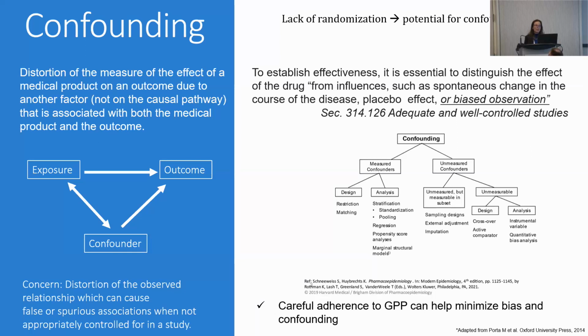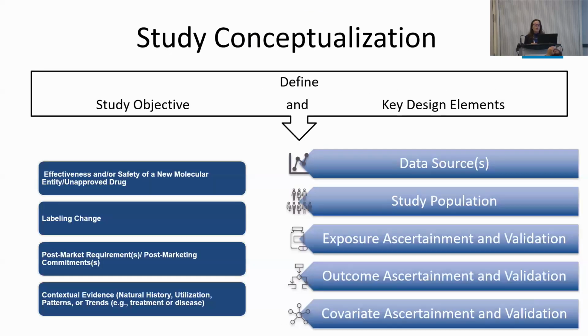And there's obviously a myriad of ways to address confounding, both measured and unmeasured confounding, and a great paper by Schneeweiss that talks a lot about this. And of course, careful adherence to GPP can help to minimize bias and confounding. So from a study conceptualization standpoint, it's also, as I've been discussing through this, thinking about your study question, your study objective, and how all of these aspects fit together.